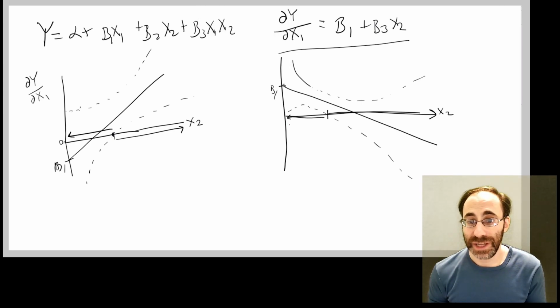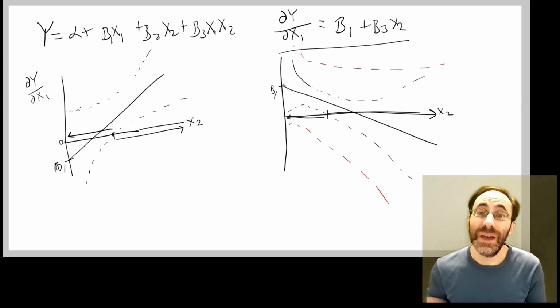If, for instance, we had these errors instead, then we can never reject the null hypothesis because the 0 line falls within the confidence bounds all the time.